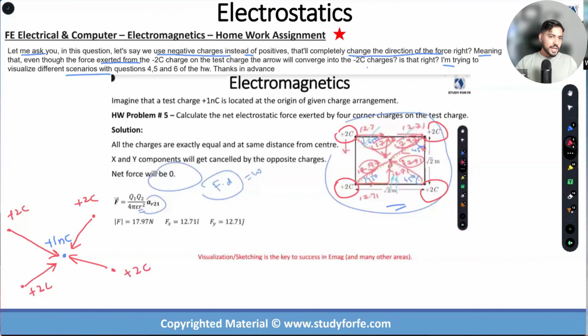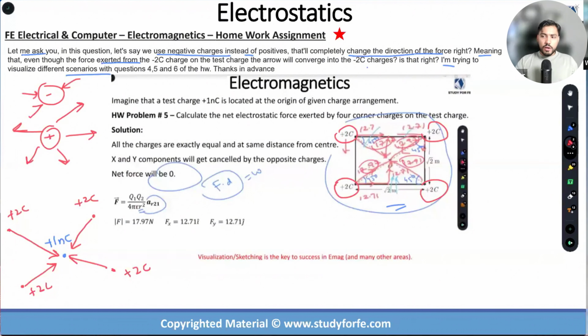Now, the student is asking, let us assume that instead of the plus 2 Coulomb charges, so when we have a positive charge, we know that the field lines radiate, correct? And conversely, if we have a negative charge, then they converge.